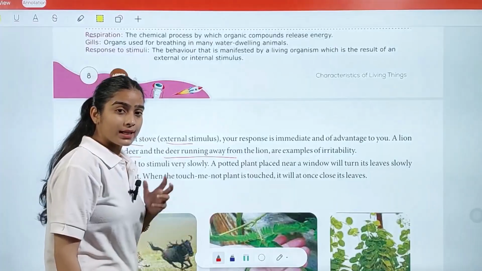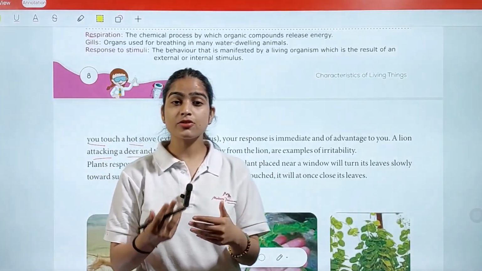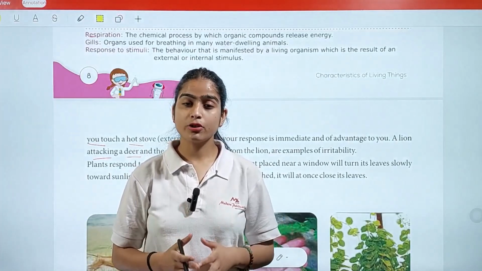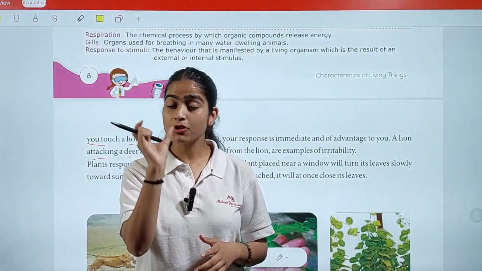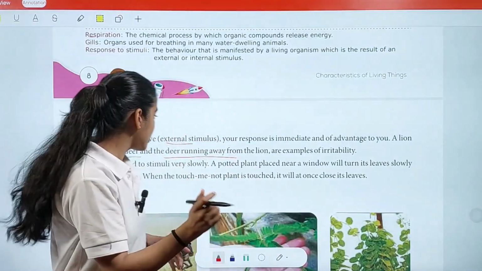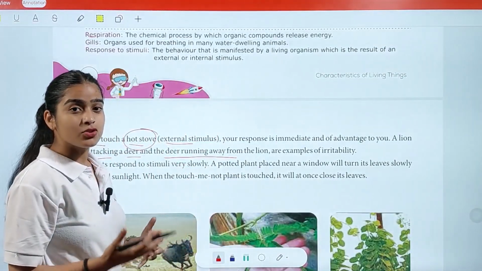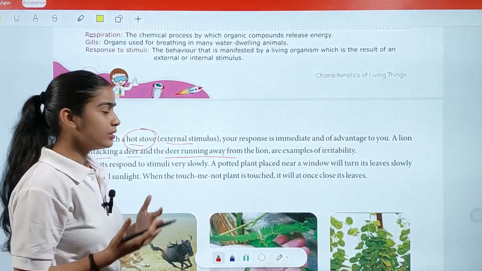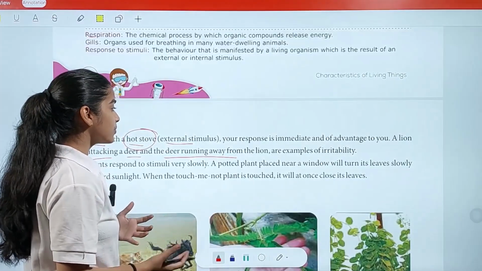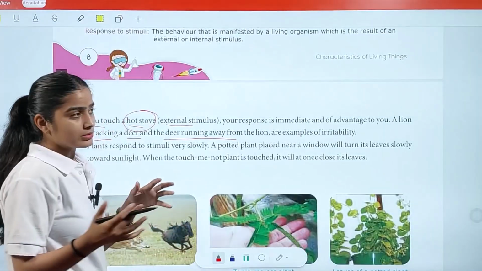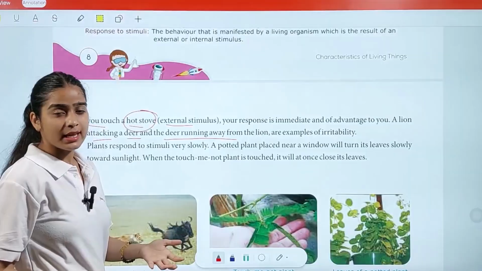So what we understand here is that the instant reaction of ourselves to different things is called response to stimuli. When we touch a hot stove or when we feel hunger, these are the stimuli which you respond to, and this is the main reason you react to something.